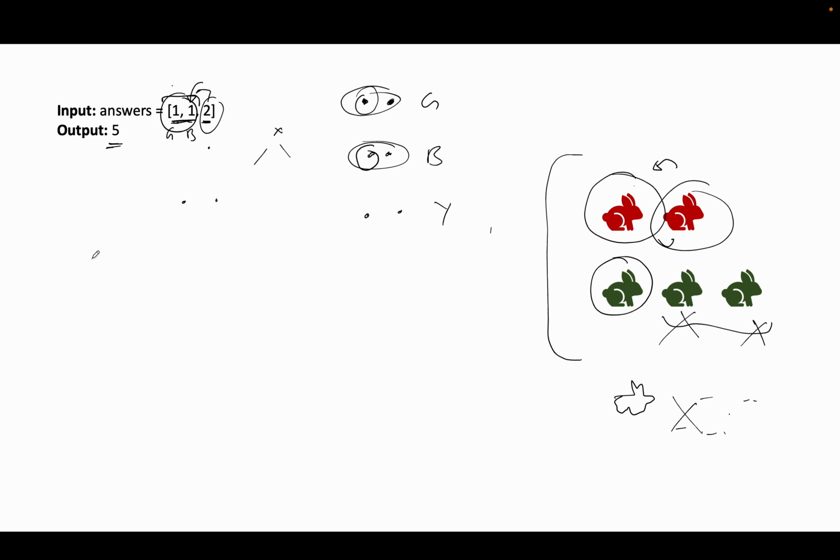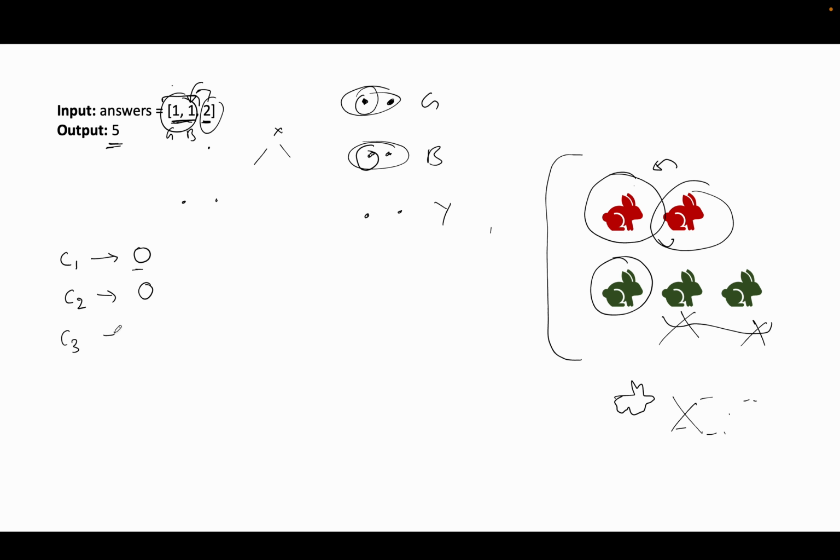If a rabbit gives an answer of zero, that means this rabbit is of a unique color. Whatever the color is, let's say C1, this is unique. Let's say one more rabbit said zero. So clearly this is a different color than any other rabbit, because that rabbit itself is the only rabbit, as there are zero other rabbits.